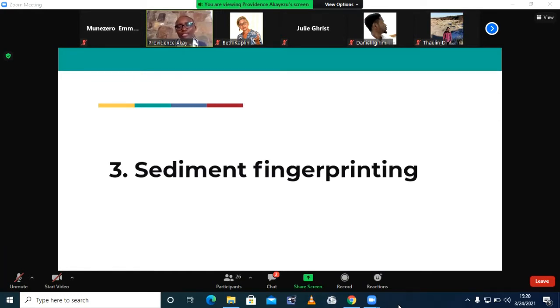The sediment is the soil deposited in the river, and the fingerprinting is like tracing or finding out the sources of something. So in this section, I will take you through the procedures that we followed to identify the sources of sediments in this Sebeya River.